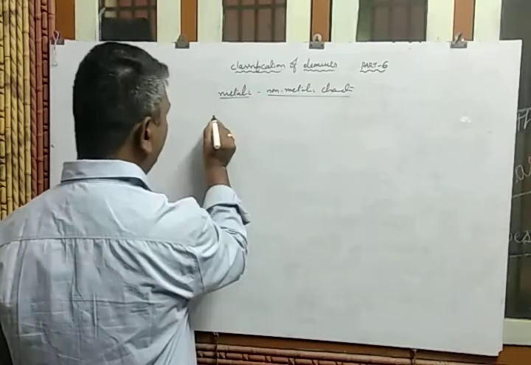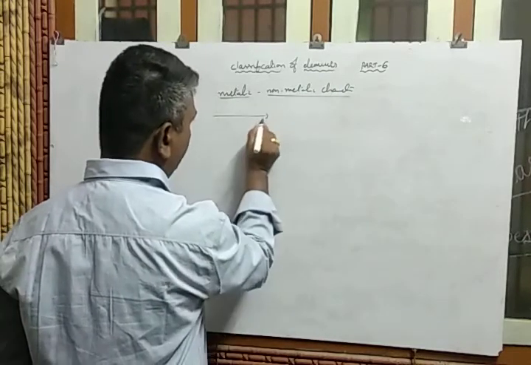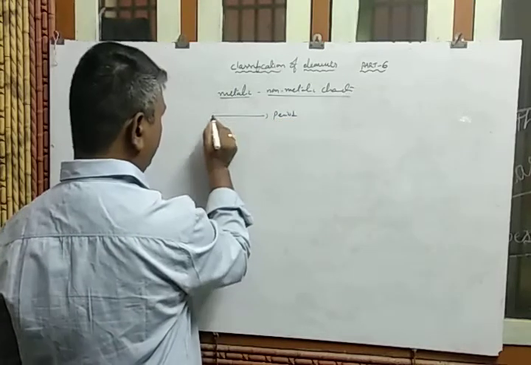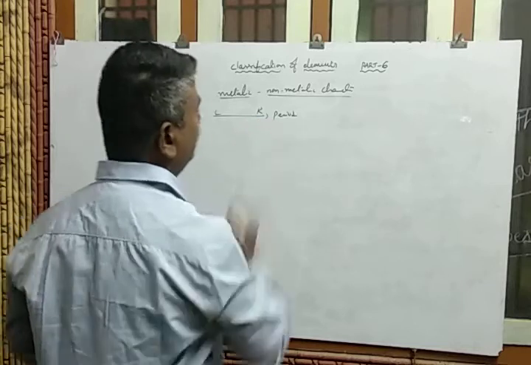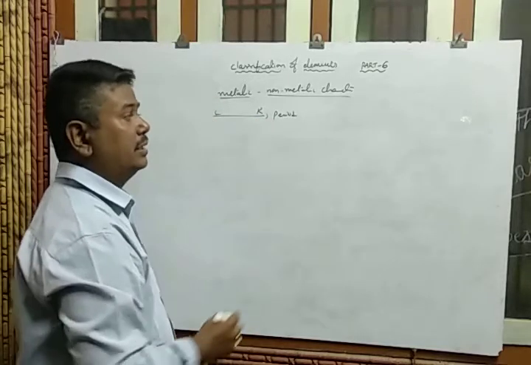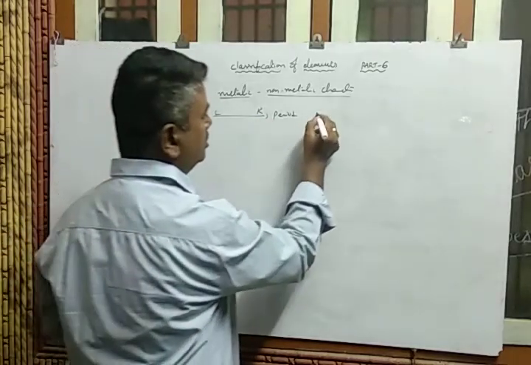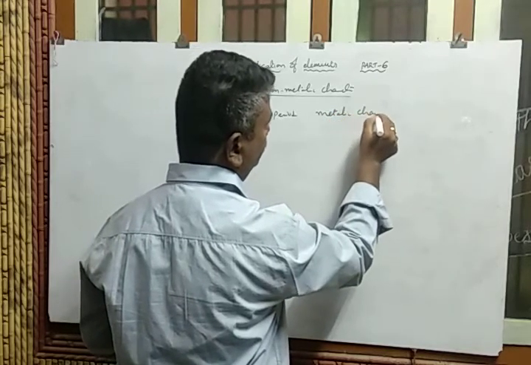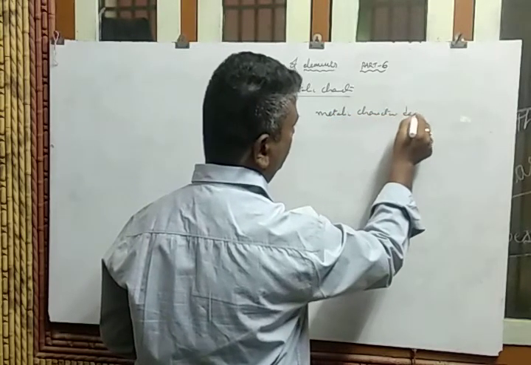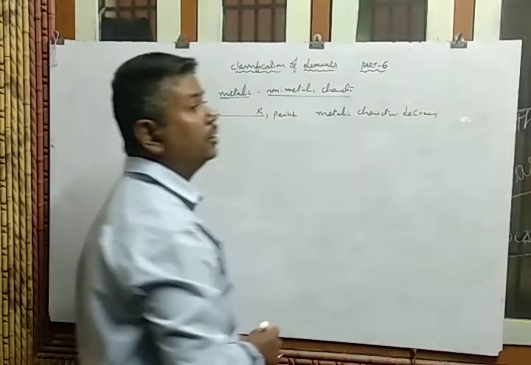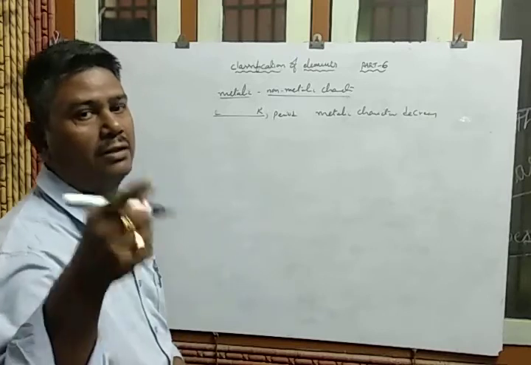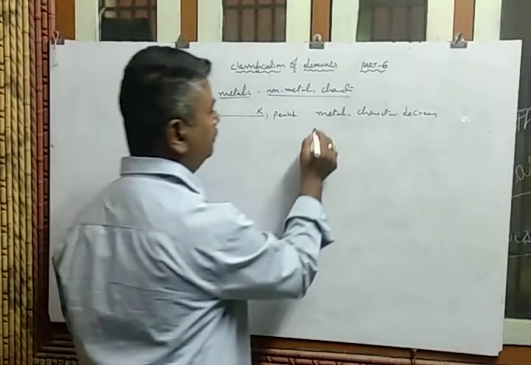While you are moving from left to right in a period, what happens? The metallic character decreases due to the decrease in the atomic size and increase in the electronegativity.